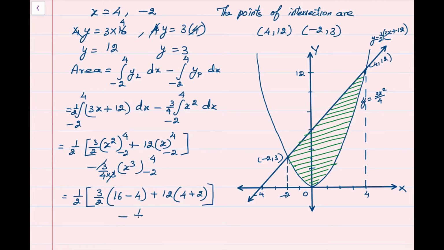Minus 1 by 4 times 4 cube is 64 minus 2 the whole cube is minus 8.